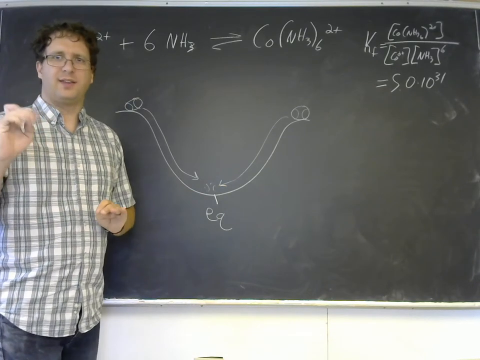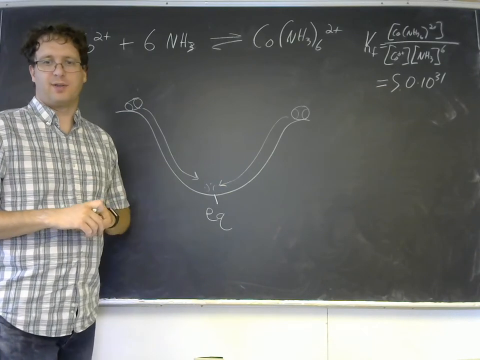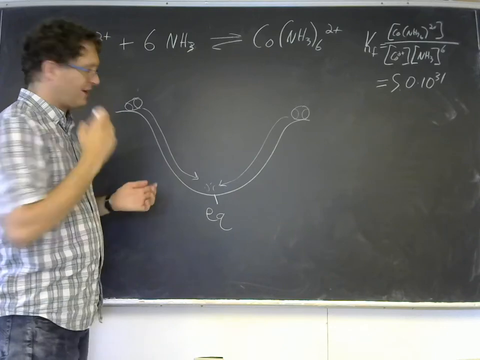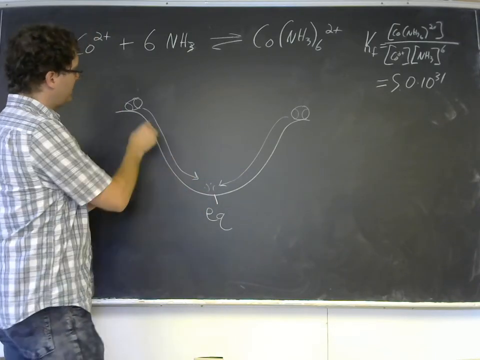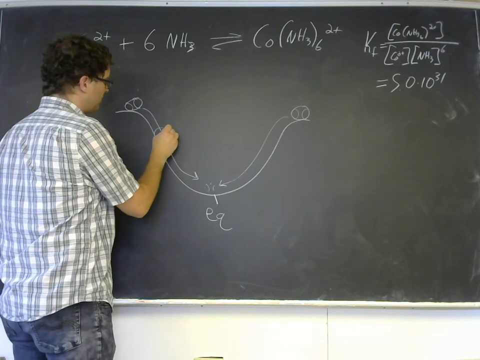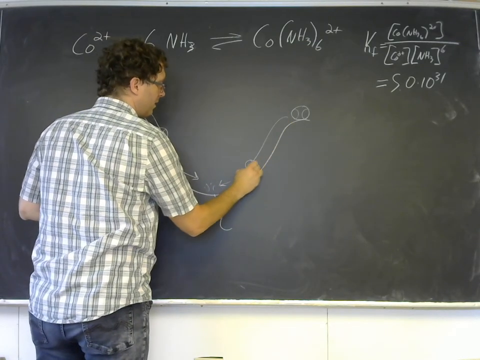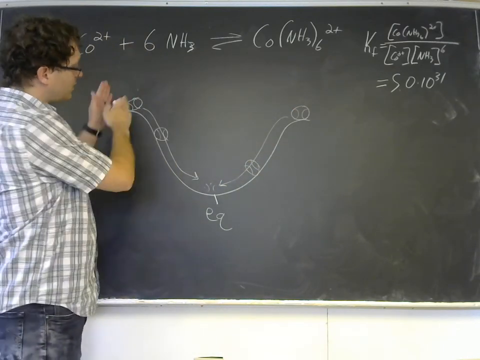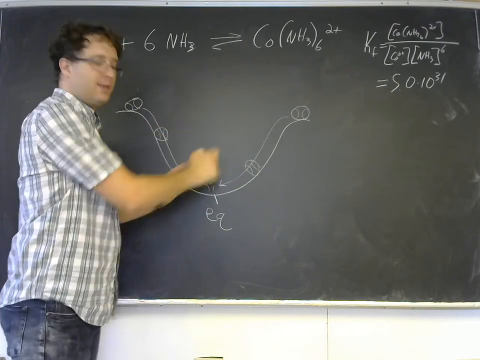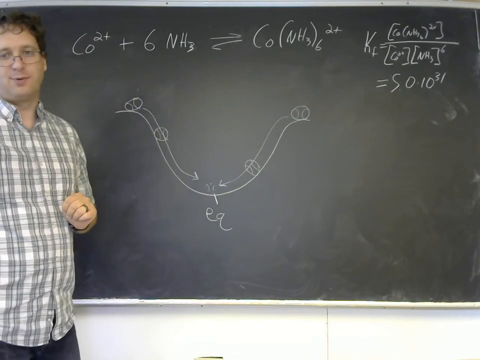I think I can explain this a little bit better with numbers, but I just want to make the analogy kind of complete here with the balls. It doesn't matter where the ball starts. It could start here, it could start here, it could start there or there. As long as it's rolling on the same hill, then it's going to end up at that same position down there at the equilibrium position.